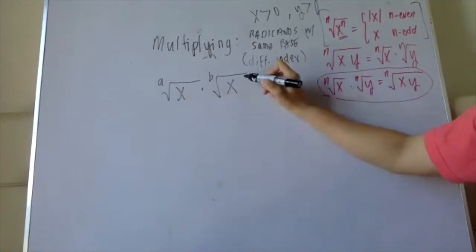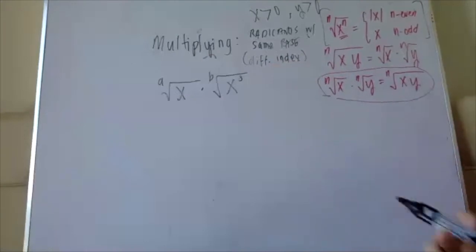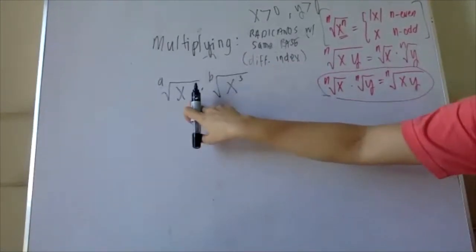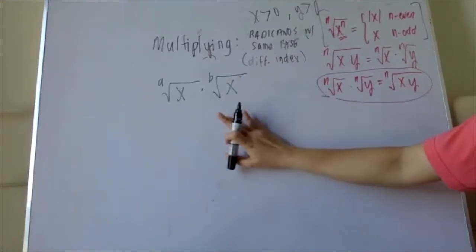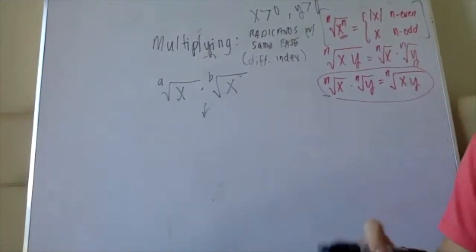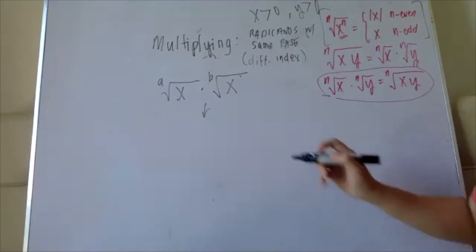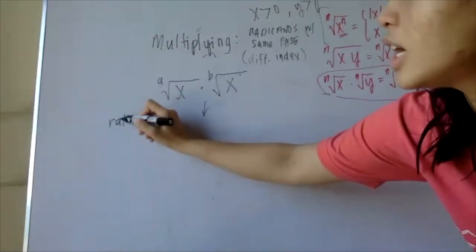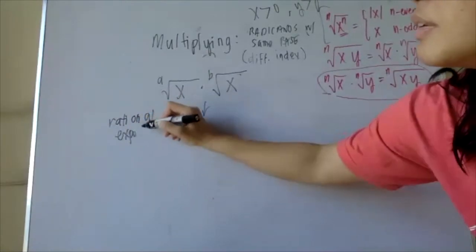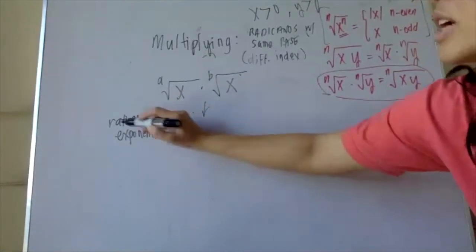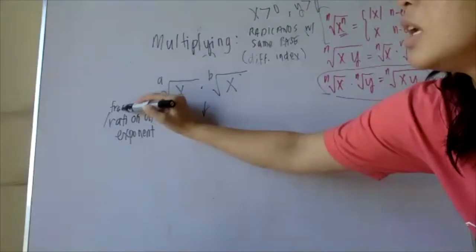So kahit x cube pa yung isa na yan, pwede mo pa rin silang ipagsama, as long as pareho yung base. Okay? First, ang gagawin mo is to transform it first to rational exponent, or fractional.